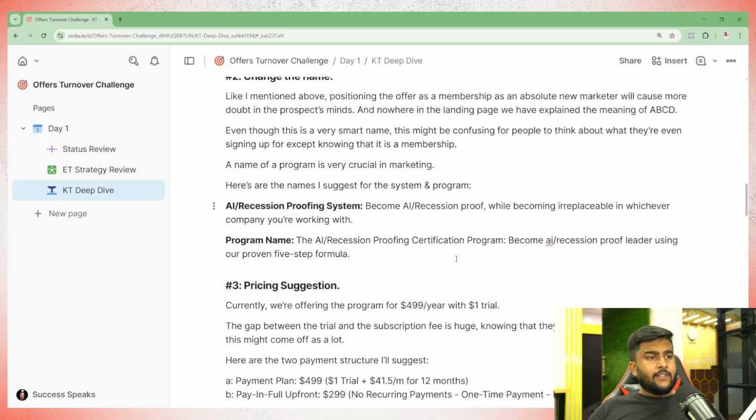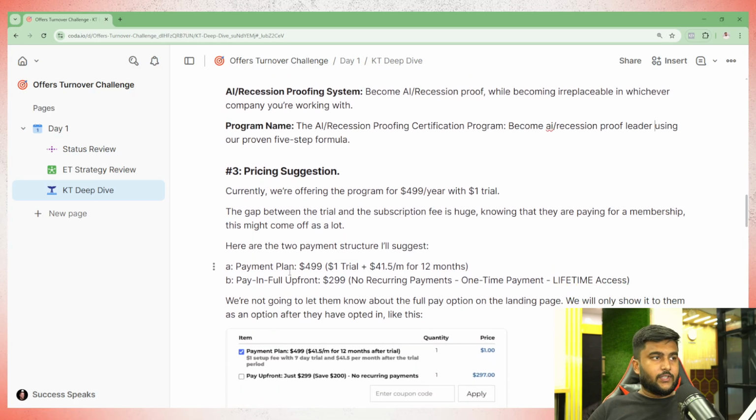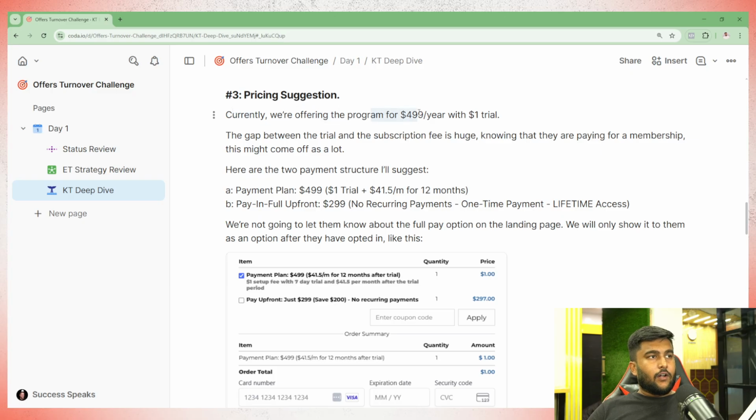Okay, then I suggested a different pricing structure, right? So currently we are offering the program for $499 per year with $1 trial. The gap between the trial and the subscription fee is huge as well. So usually what happens is, when we have a program offered for a trial, let's just say usually it's SaaS products, right? If we see any tool that costs like $20 per month, $47 per month, $50 per month, $97 per month, usually SaaS products are costed to us on monthly basis, on subscriptions, right?